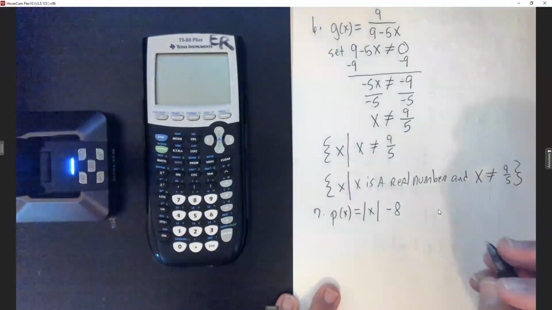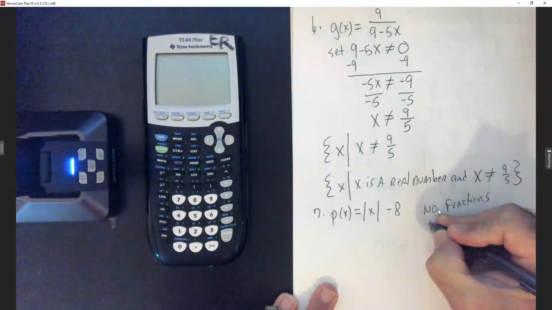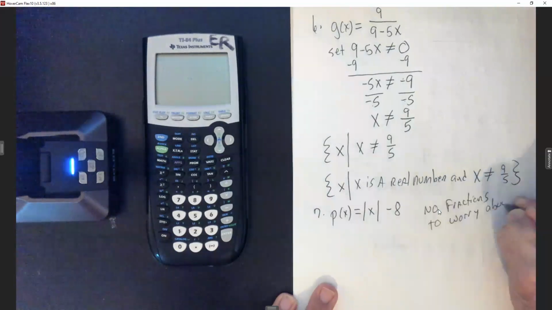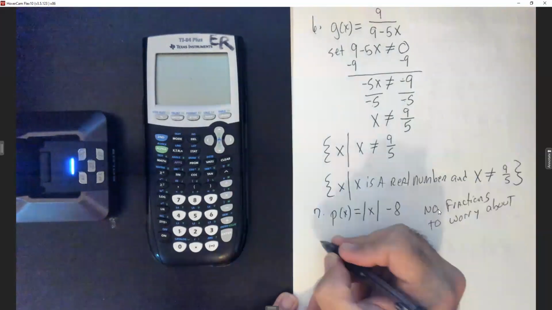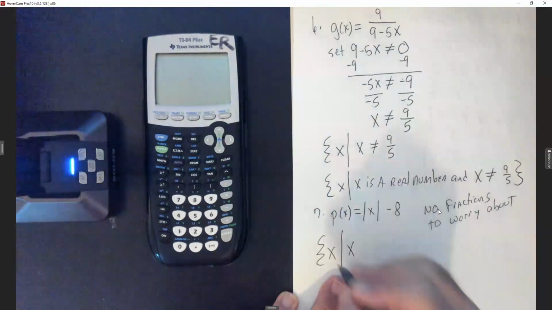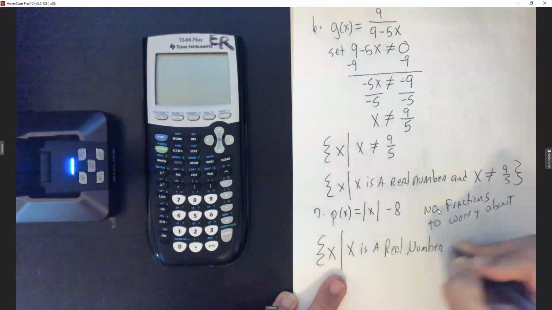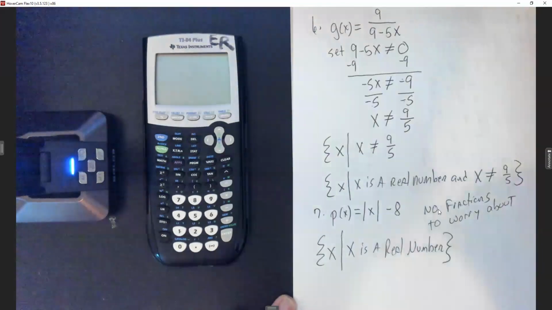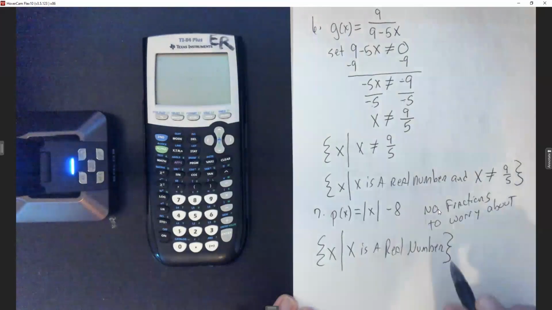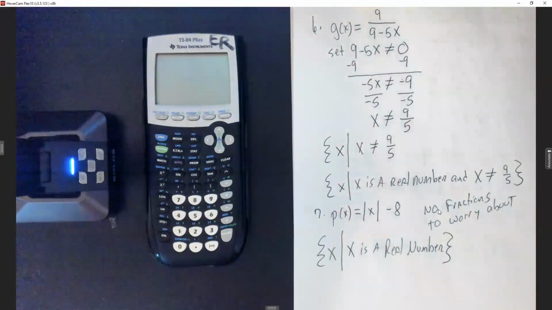So since I have no fractions to worry about, this is going to work for all real numbers. So x such that x is a real number. Now y'all remember this. Every number is a real number except for undefined and imaginary numbers, okay? Y'all should have learned about imaginary numbers if you tried to take square roots of negative numbers.